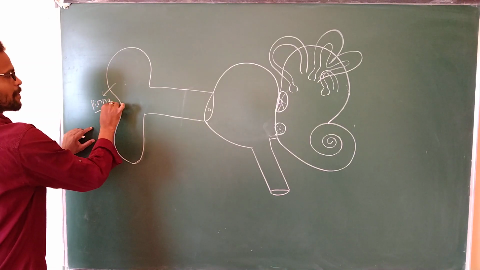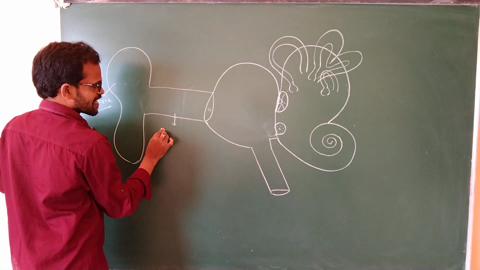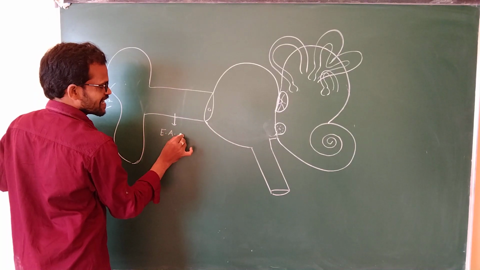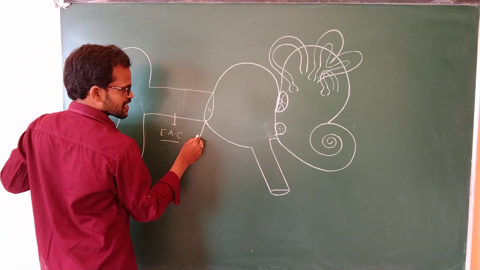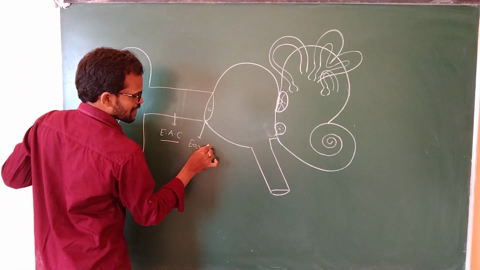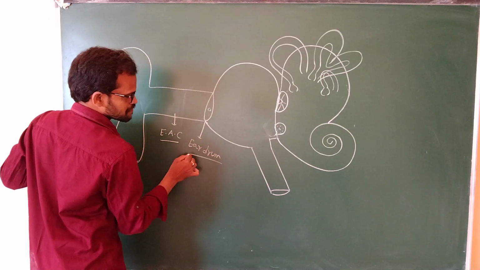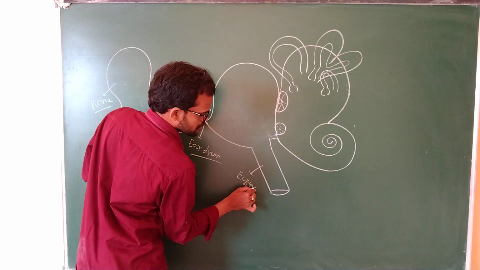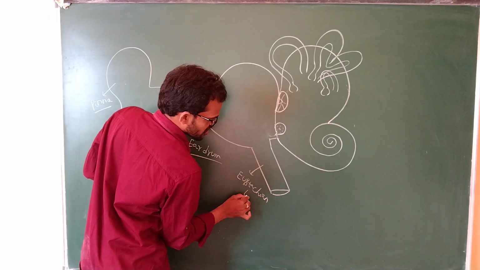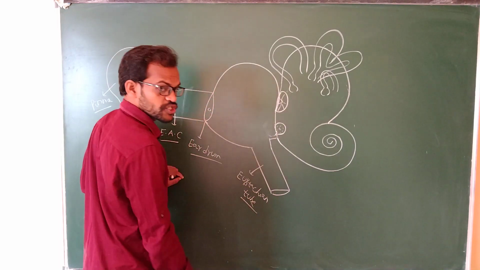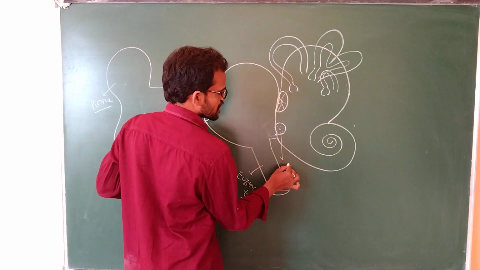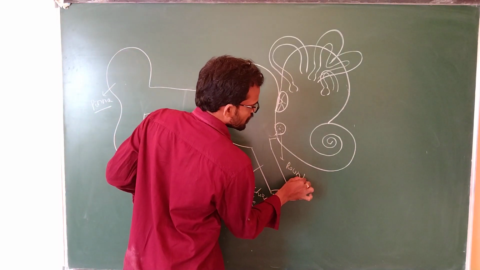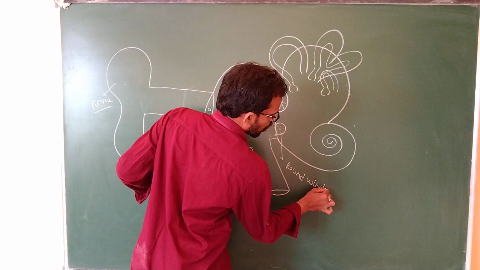First part, the pinna. It indicates the external auditory canal. It indicates the tympanic membrane, or eardrum. It indicates the eustachian tube. The eustachian tube indicates the round window.